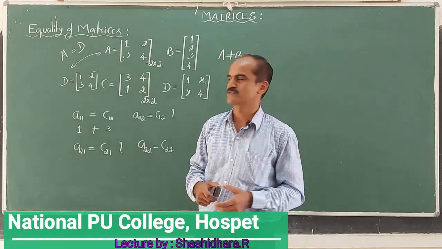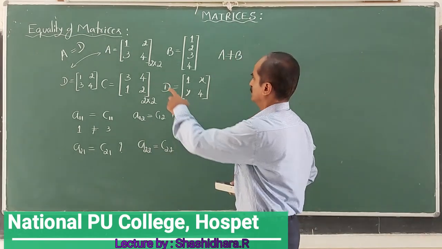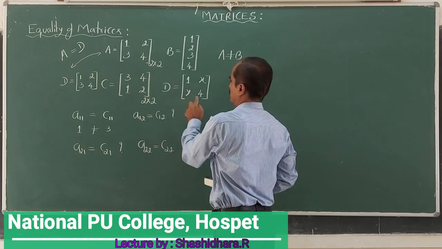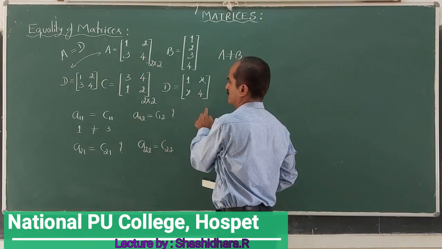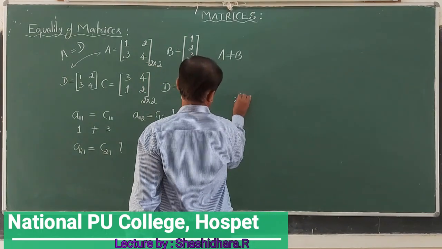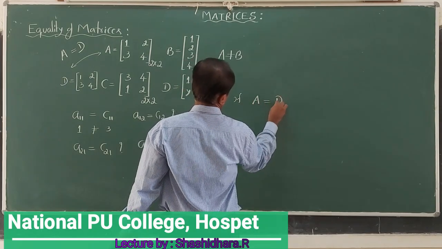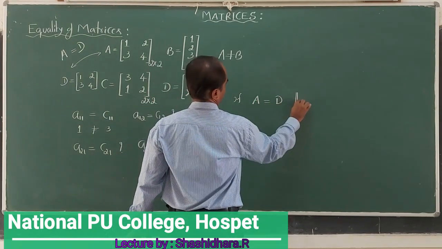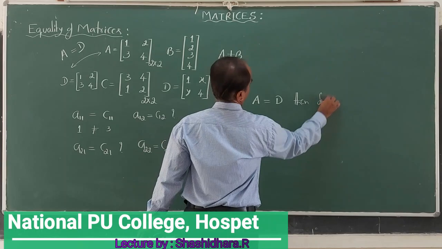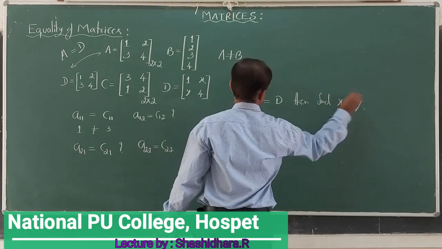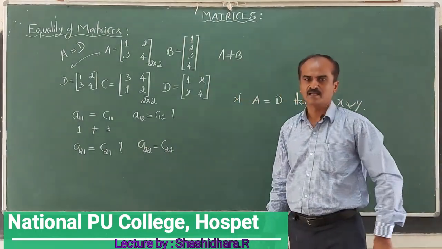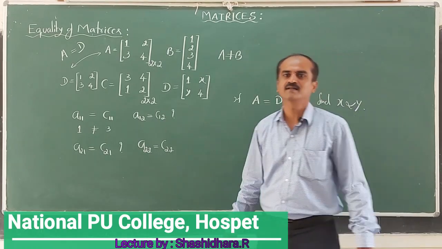With this definition now, if they are given matrix A is equal to matrix D, then find X and Y. They are not asking us to check whether A and D are same or not.